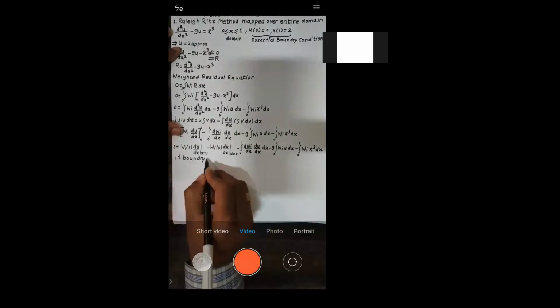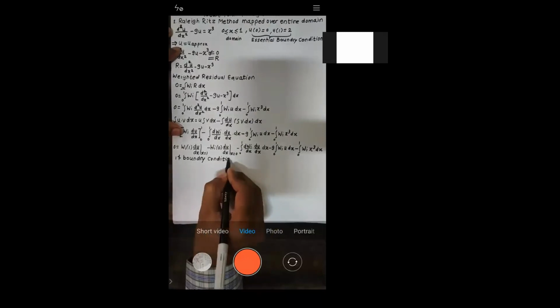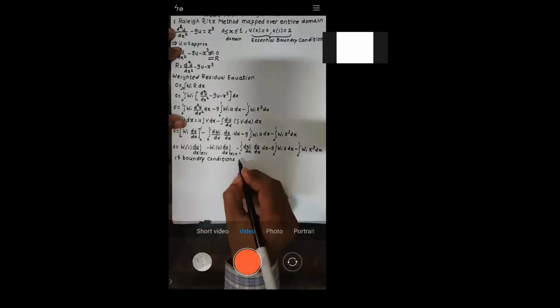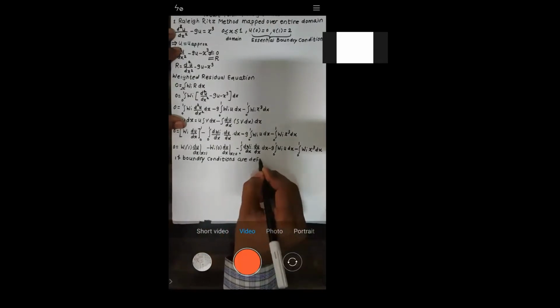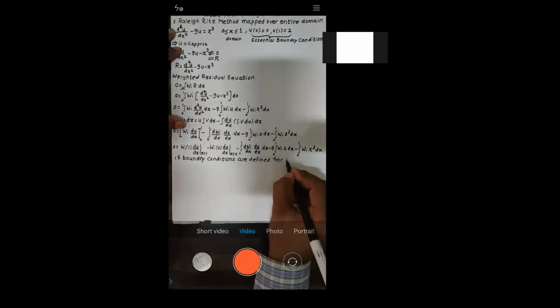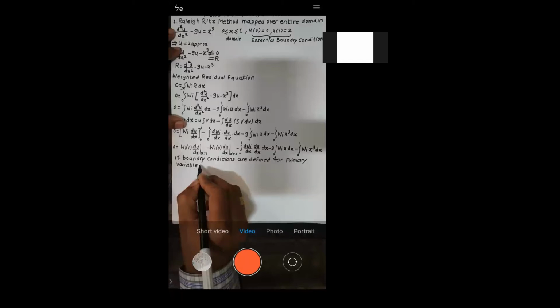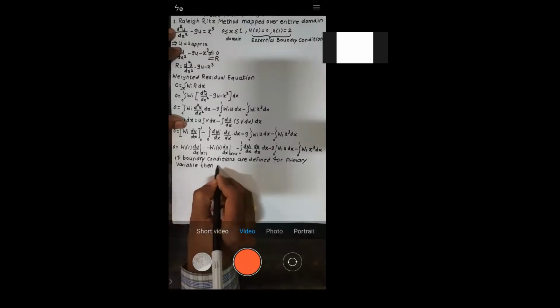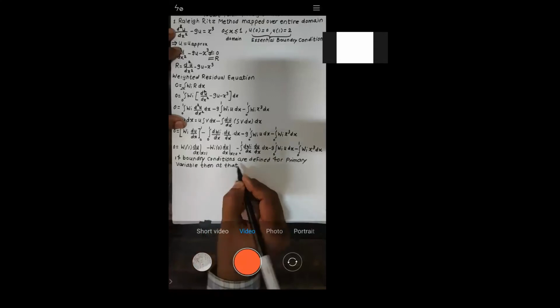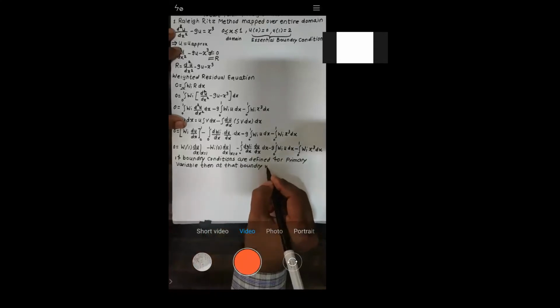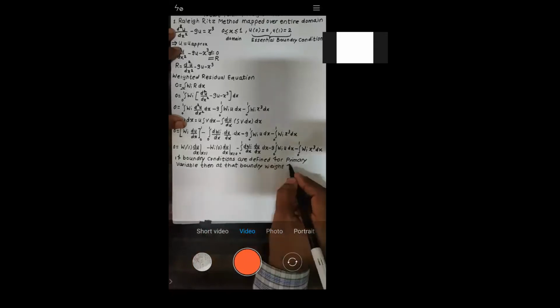If boundary conditions are defined, if the boundary conditions are defined for primary variable, then at that boundary weight function is 0. Okay, this is very important.